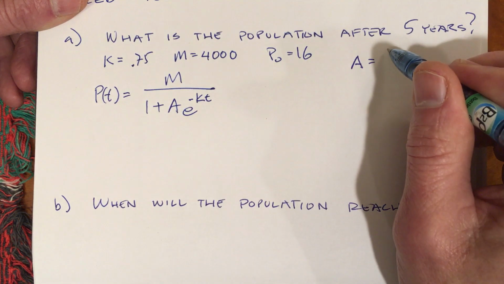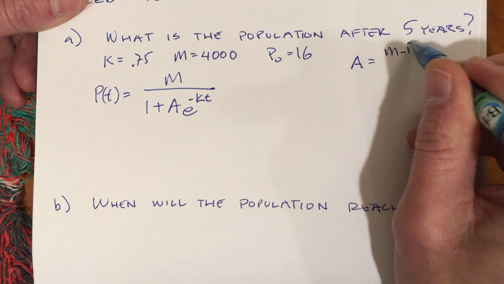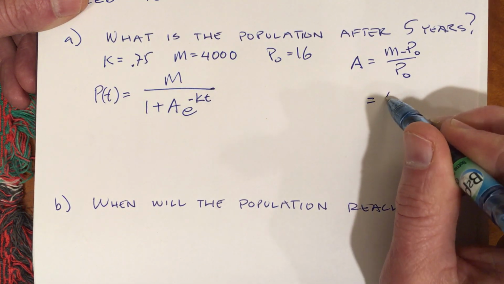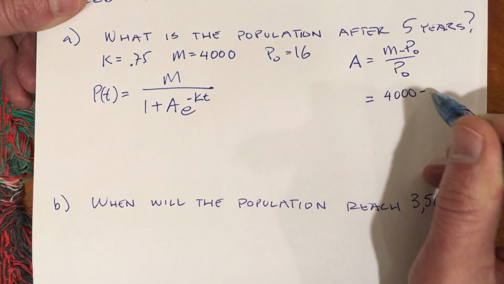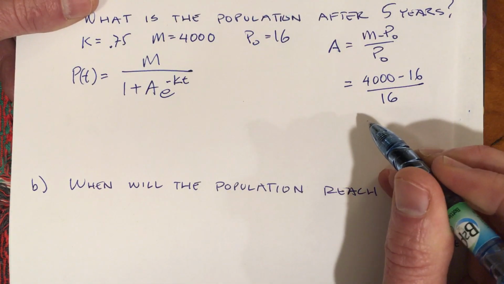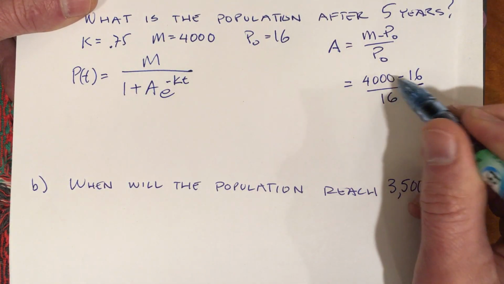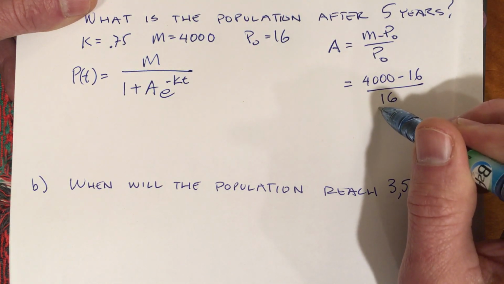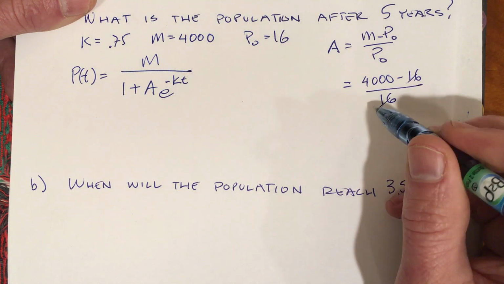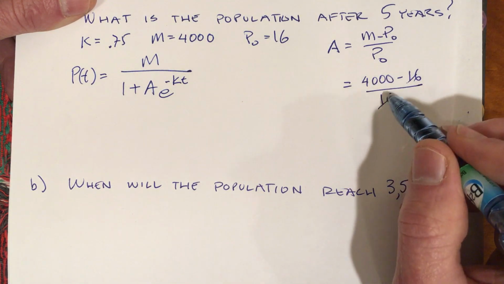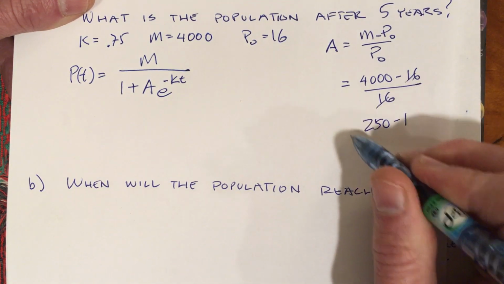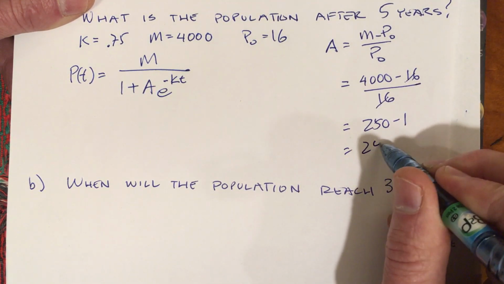Okay, a is equal to then m minus p naught all over p naught, which in this case is going to be 4,000 minus 16 all over 16. If I do the math easy style, I think we know that we can factor that out. That's a 1. And 16, when I put that into 4,000, it would be the same, cancel a 1. It would be 250 minus 1, so it equals 249.